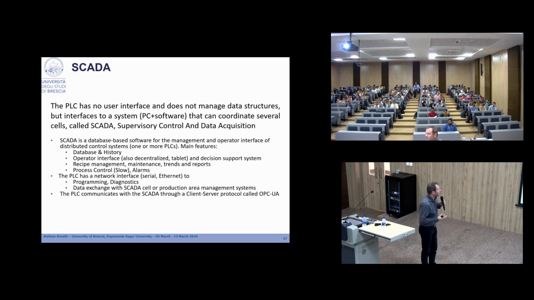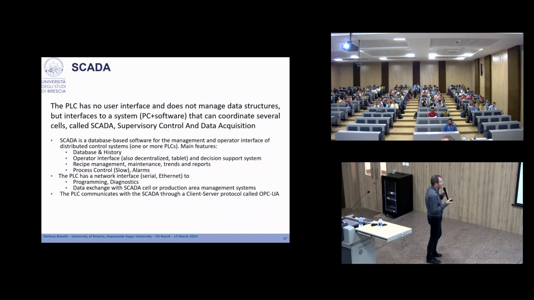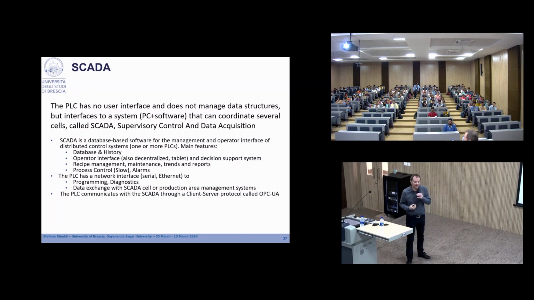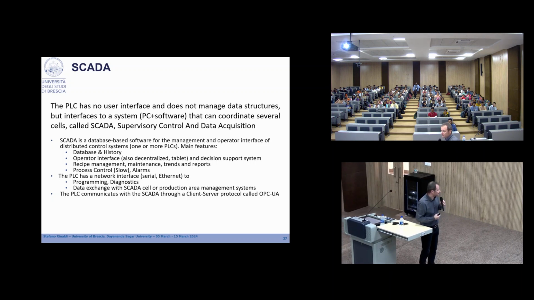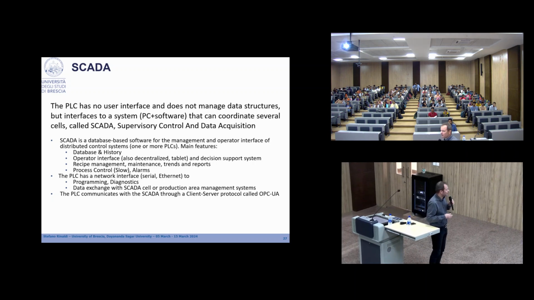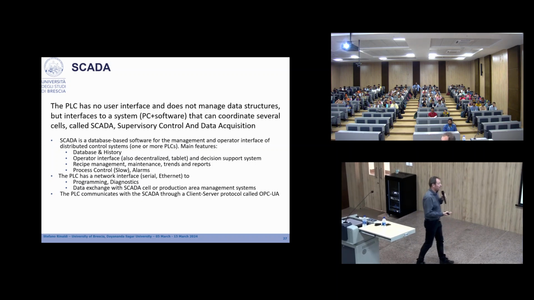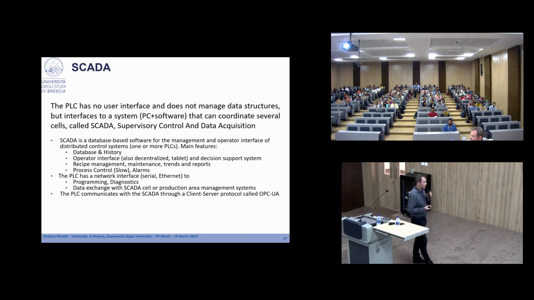The main features of a SCADA system are, for example, to keep the database and the history of the plants, and to provide the interface to the operator. The operator can have a look at the plant and see if the plant is working correctly.